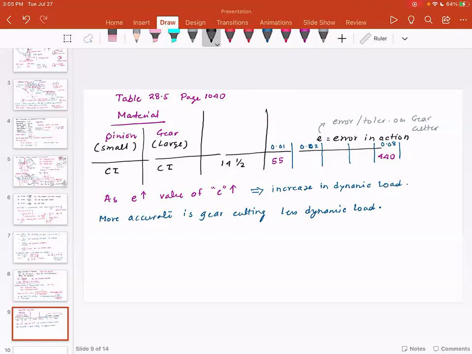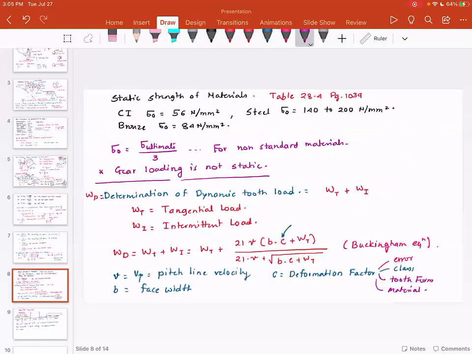But sometimes it could happen that you are given a material that is not in the table. So what do we do? In that case, we use this equation. The unit for C is Newton per millimeter. And why is C in Newton per millimeter?